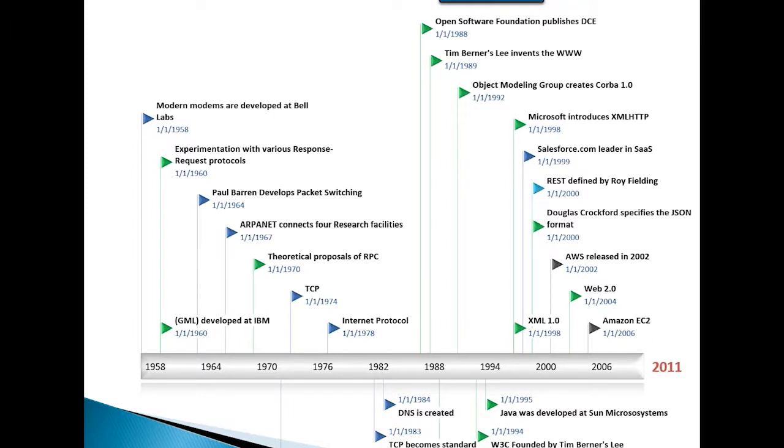So TCP/IP was definitely a big one that enabled this. The invention of the web by Tim Berners-Lee, definitely another big one. The creation of XML and all the protocols and languages was also very foundational to what we know today as web services. Next slide, please.